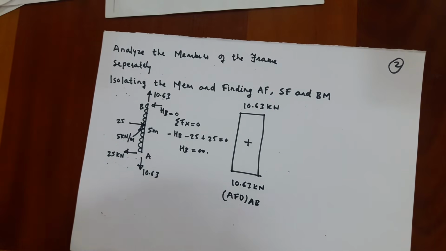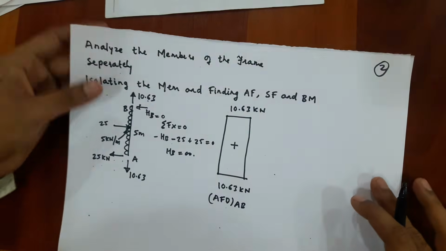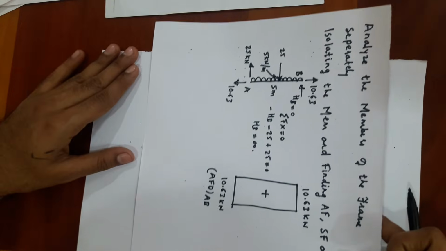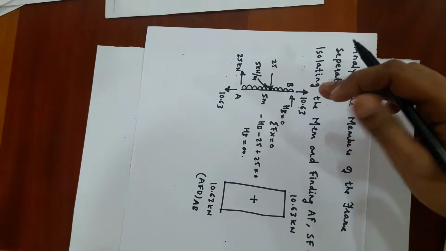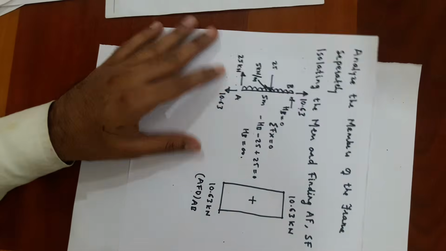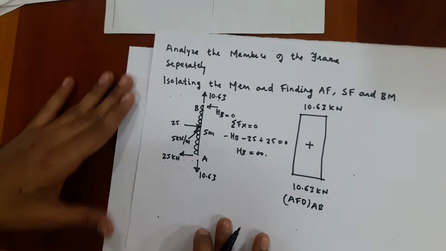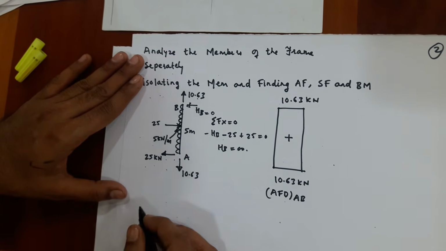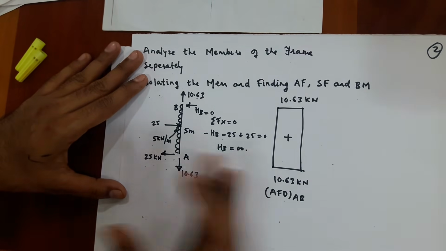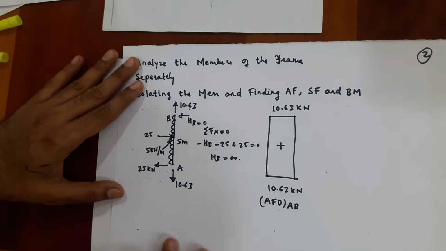Okay, now we have to go for shear force diagram. First we have to calculate shear force at various points, then we can go for the drawing of the shear force diagram.